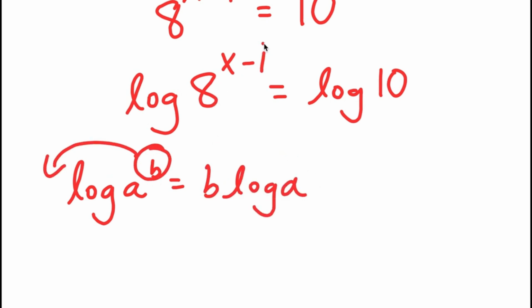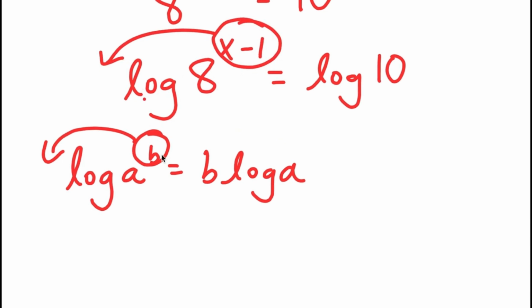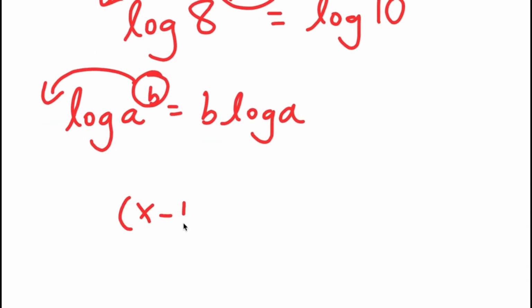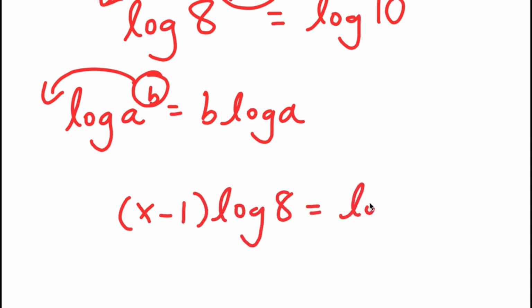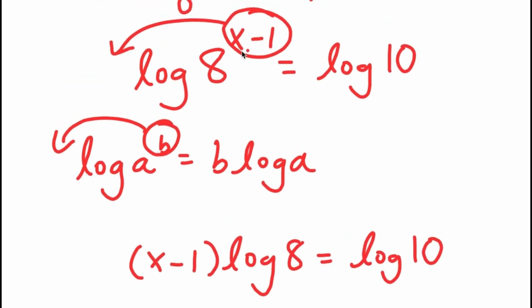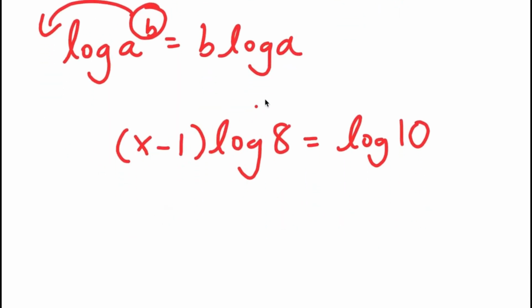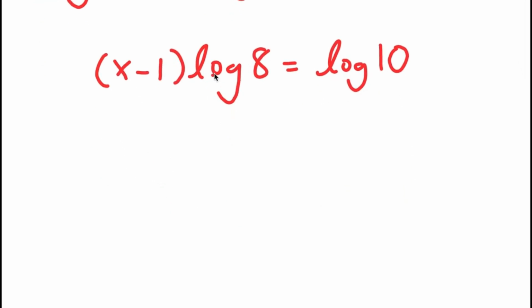So log of 8 to the power of x minus 1, I can move x minus 1 to the front, and I get x minus 1 times log 8 is equal to log 10. And this property is really important because before, x was an exponent, and it's really hard to solve an exponential equation, but now we moved x, and now it's a real term, and it's much simpler to solve.